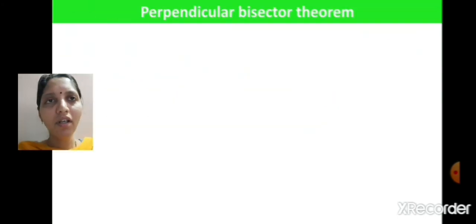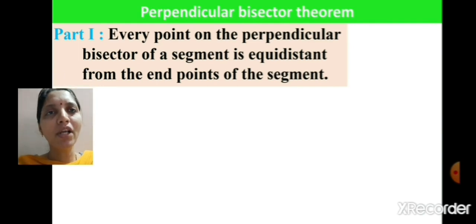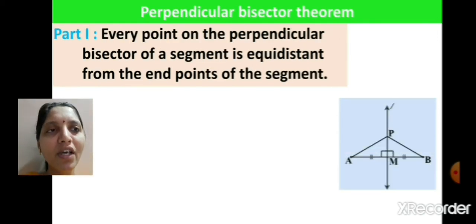Then we have learned the perpendicular bisector theorem. Now this theorem we have learned in two parts. Part 1, every point on the perpendicular bisector of a segment is equidistant from the end points of the segment. So in this figure, in triangle APB, if line L is the perpendicular bisector of seg AB, then we can say that PA is equal to PB.